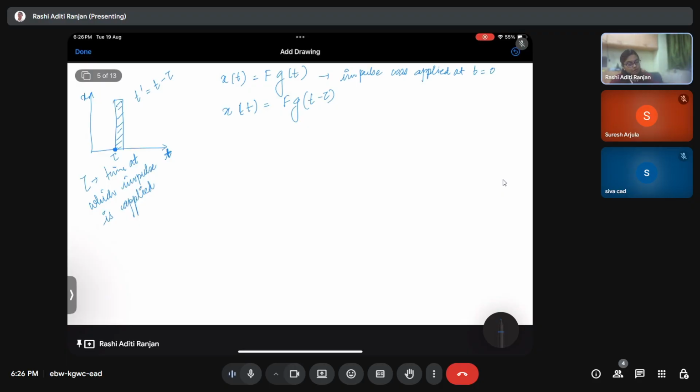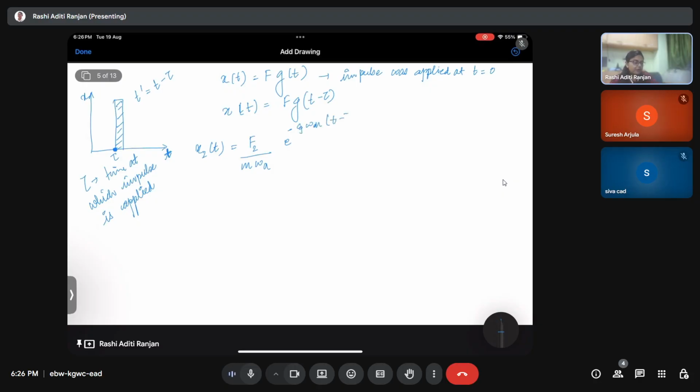Okay, so now if I want to find out or write the solution, I can write x2 of t as f2 by m omega d into e to the power minus eta omega n.